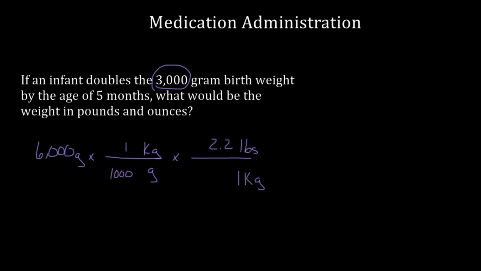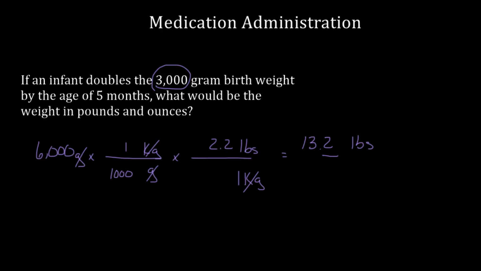Okay, so my grams cancel and my kilograms cancel. I take 6,000 and divide it by 1,000, and I get 6. 6 times 2.2 is 13.2 pounds.